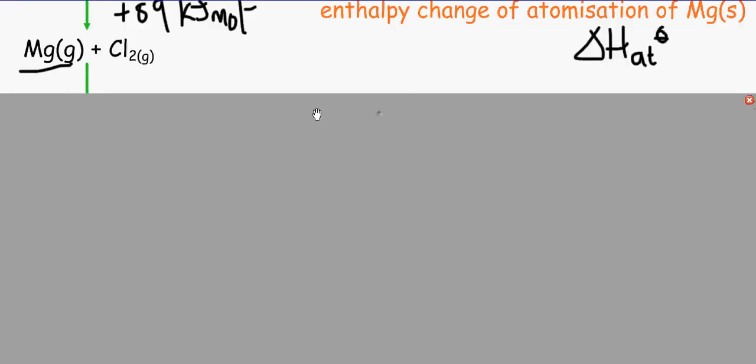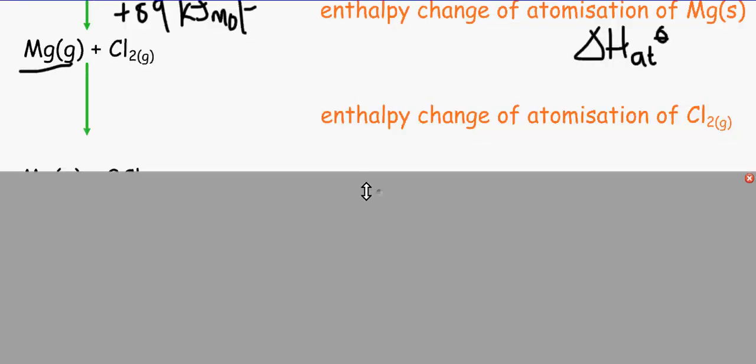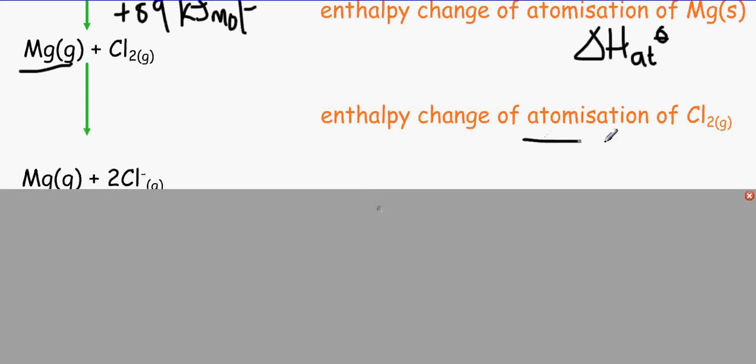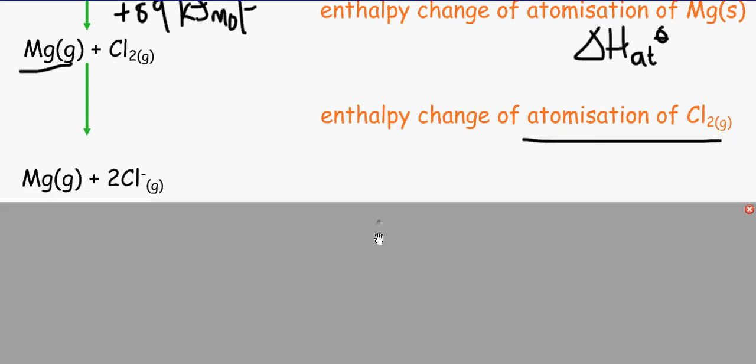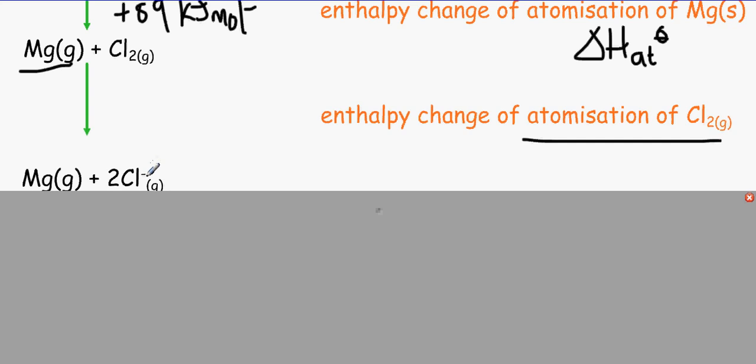Then the next bit that happens is that we need to atomize Cl2. It needs to split up into 2 chlorine atoms, because we're changing them into atoms. Again, enthalpy change of atomization, we're not going to go over that again.